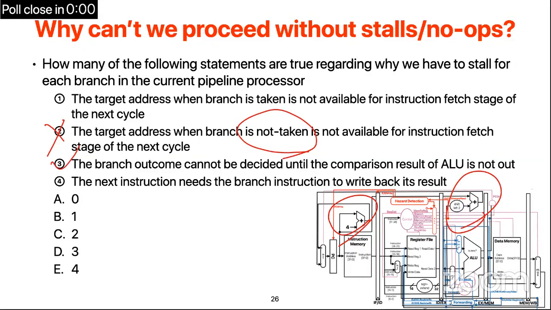Okay, so this one is true, and it also comes out here. How about the fourth one? You don't need to wait for the write back stage. In fact, does the branch instruction write back? No, it does not. It doesn't change any register value, so this statement is not right. So these are the two reasons why we can proceed without stall.